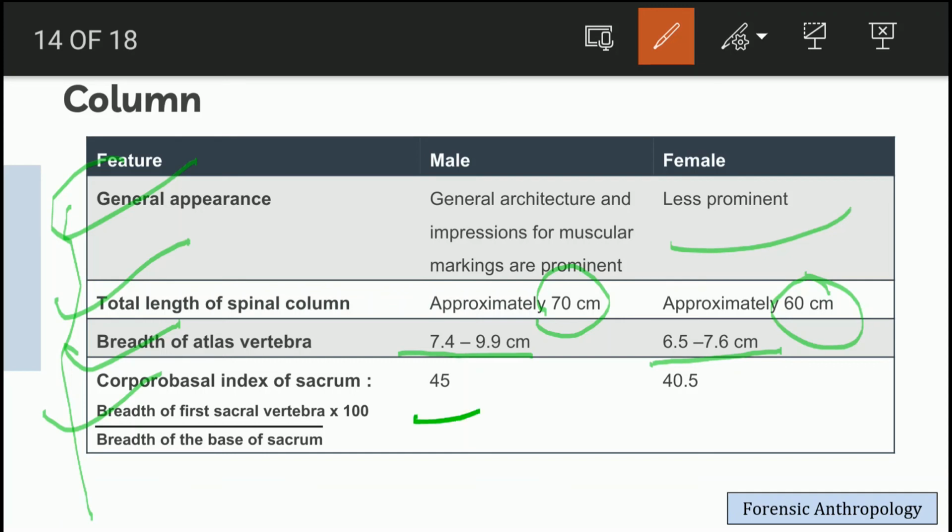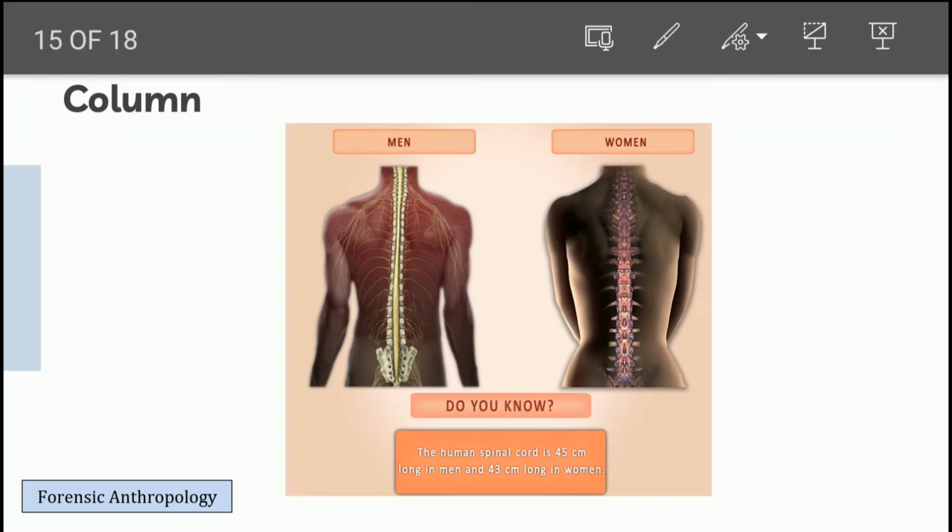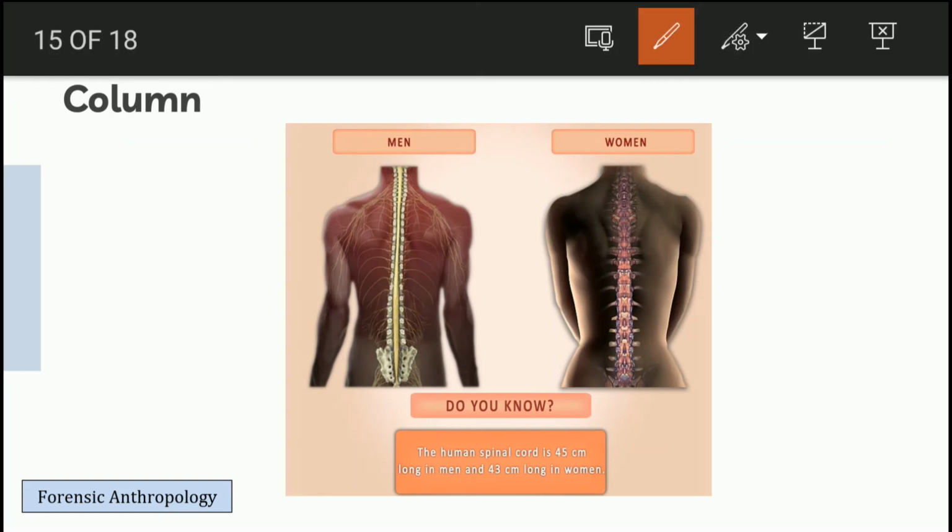In male it is 45 and in female it is 40.5. The human spinal cord is 45 centimeter long in male and 43 centimeter long in woman.